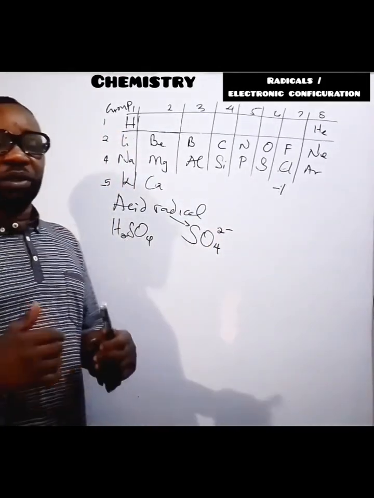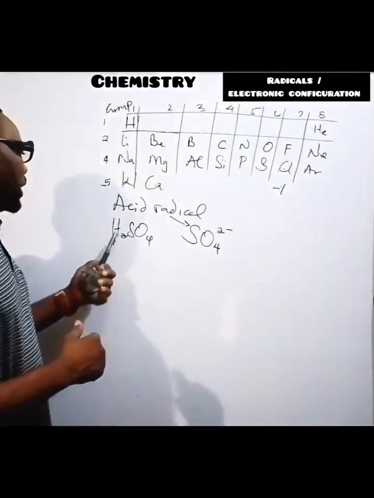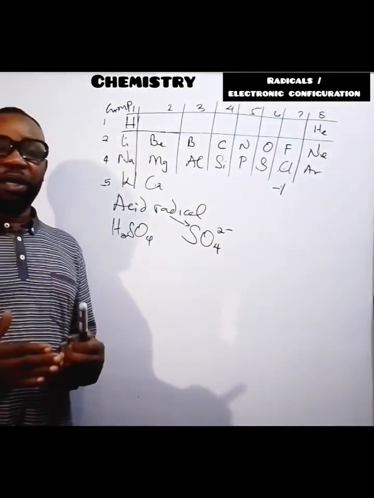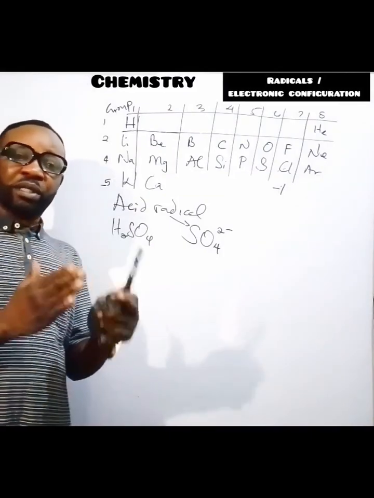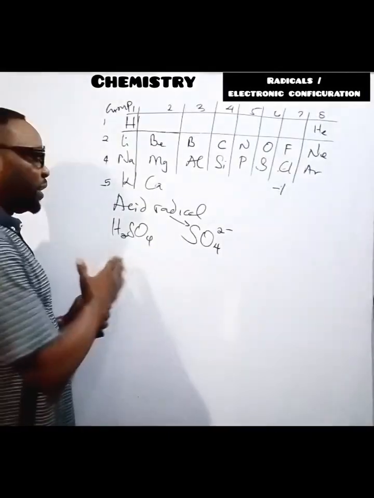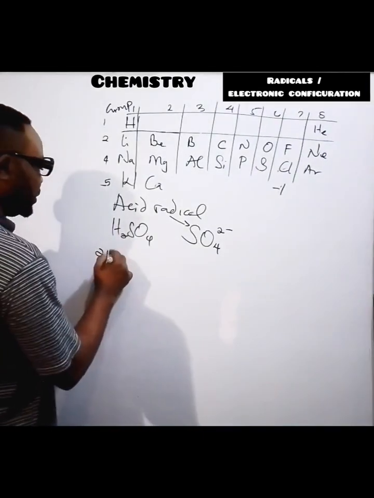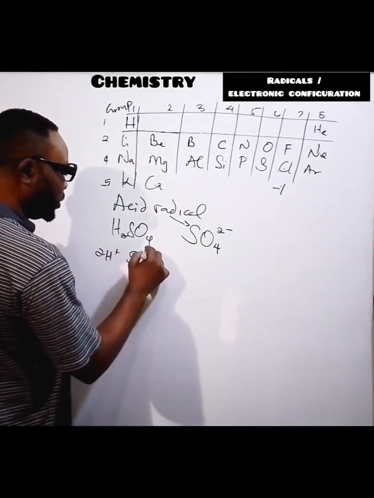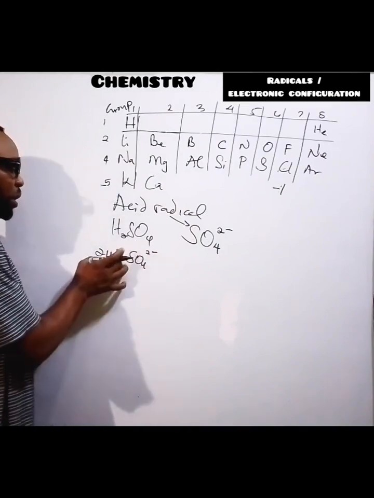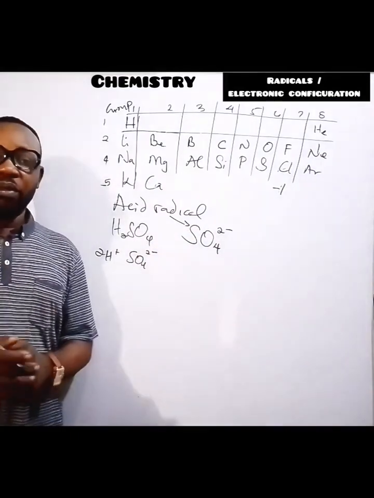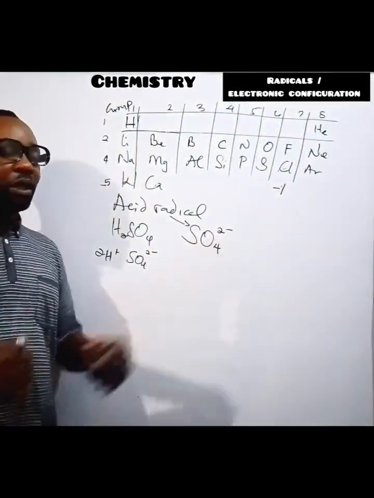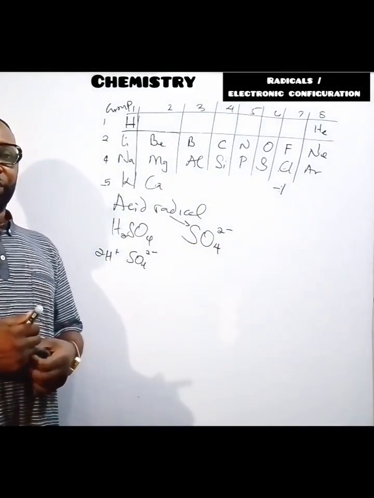In that sense, it shows that this particular acid can be split into positive and negative ions, where we have 2H+ and SO4 2-. The number of hydrogen here will determine the number of charges on the radical as well.